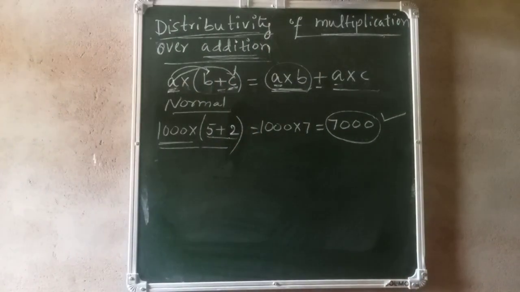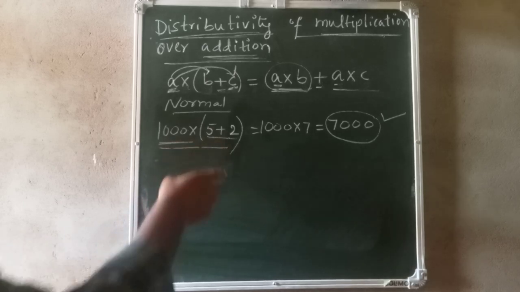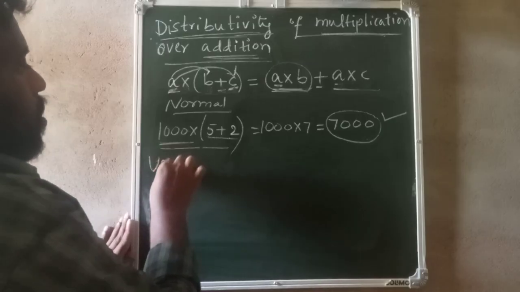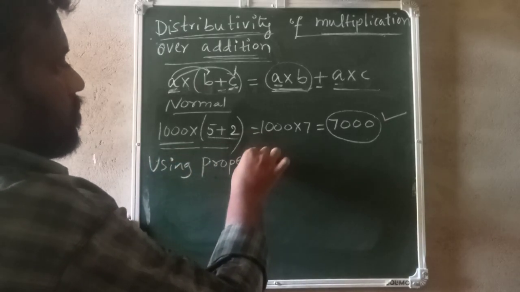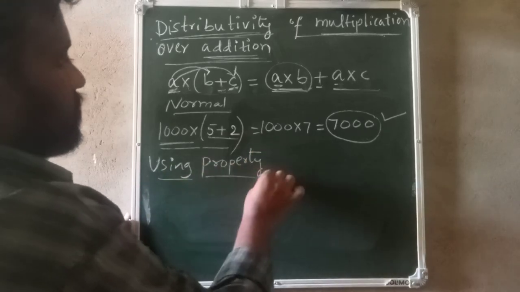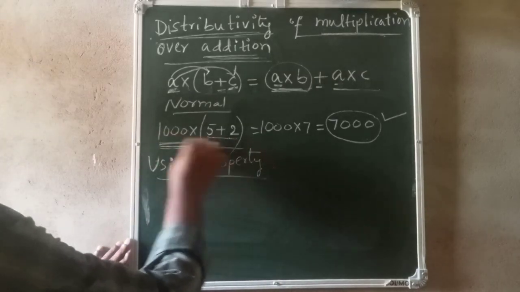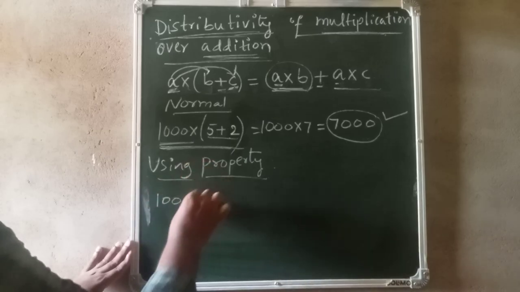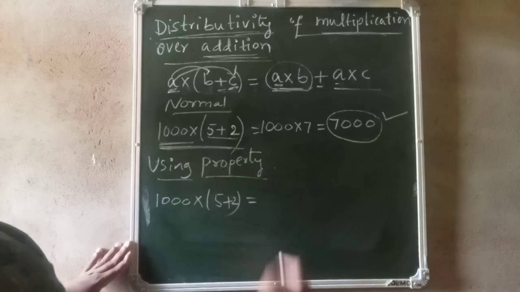Now to simplify this, we will use this property. So I will write using property. First, whatever is there, the same thing I will write once again: 1000 into pi plus 2 is equal to.